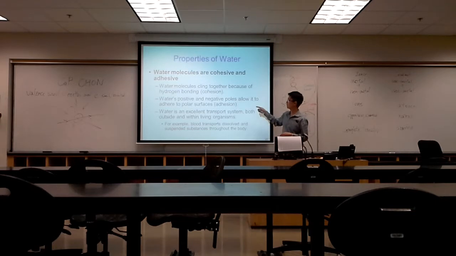Capillary action is basically cohesion and adhesion. Water molecules stick to each other by hydrogen bonds, cohesion. And water molecules also stick to the inner surface of the xylem using adhesion. In this case, water can be transported from the root all the way to the top, to the leaves, using cohesion and adhesion.